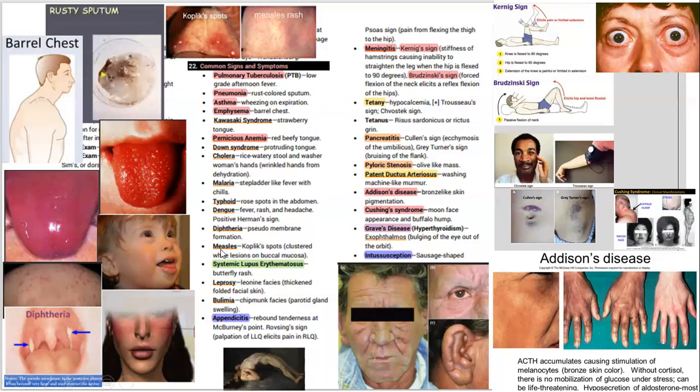Next here, measles. In case of measles, we see Koplik spots. In this picture, you can see the measles spot picture at the top, and here is a Koplik spot. Measles is a respiratory tract viral infection commonly found in children.